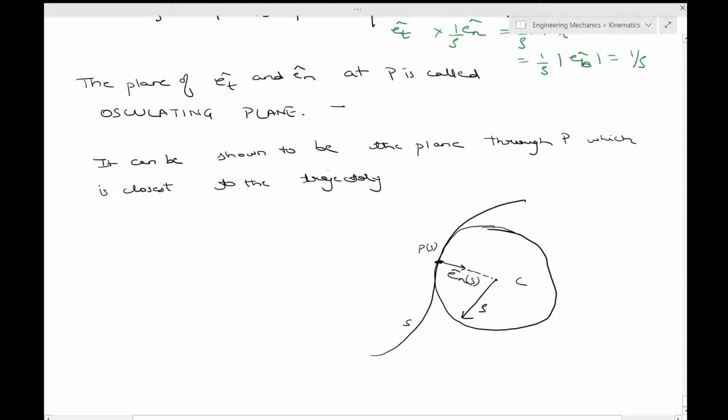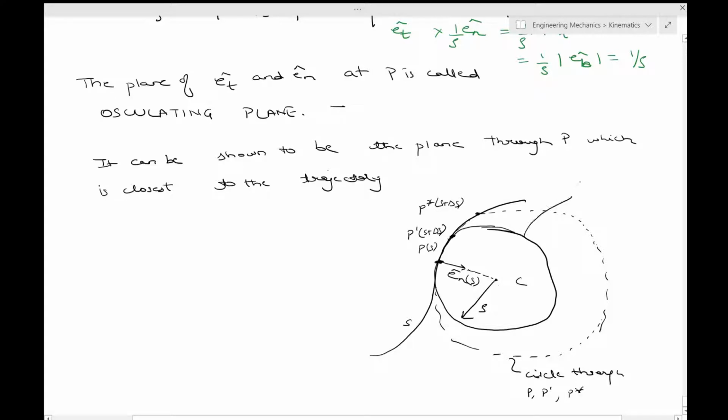Now let me take another point, P dash of S plus delta S, and then another point, P star of S plus delta S, and let me show another, clearly bigger, dashed circle through P dash and P star.